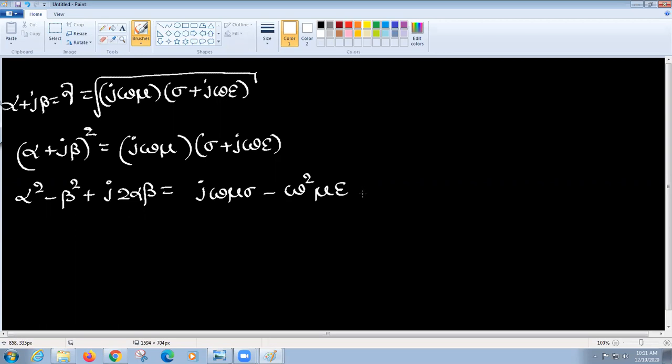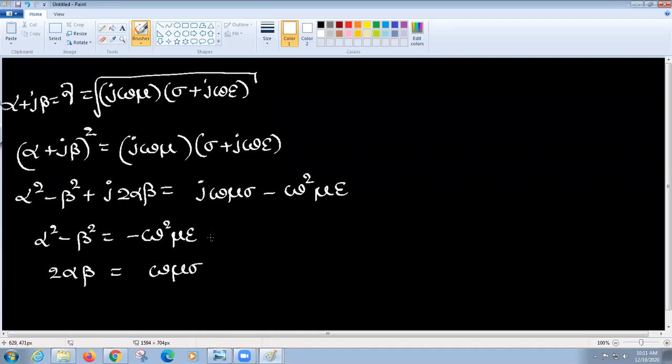Equating real parts, alpha square minus beta square is equal to minus omega square mu epsilon, and imaginary part, 2 alpha beta is equal to omega mu sigma.